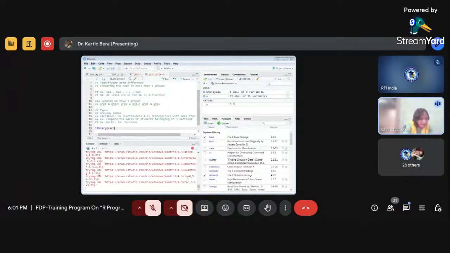Something trying URL. Okay, wait, sir. Unzipping should be done, no? All the dependencies should be loaded.